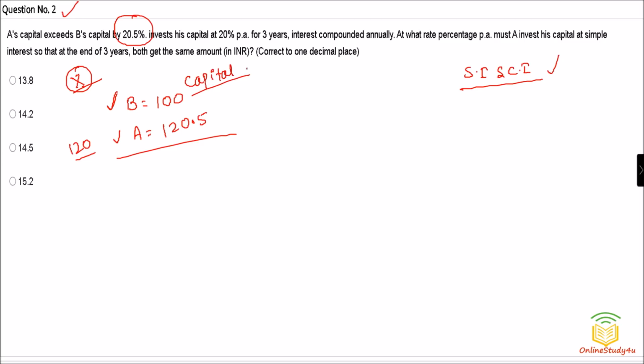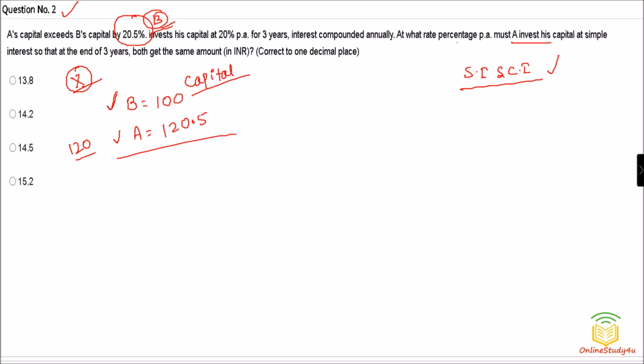Till here no problem. Then, B invests his capital. Basically here, friends, B is missing, but no problem, you can understand it from here. So B invests his capital at 20% per annum for 3 years, interest compounded annually. At what rate percentage per annum A? So definitely B will invest here, so A would have invested here. If you don't understand, you write B here.